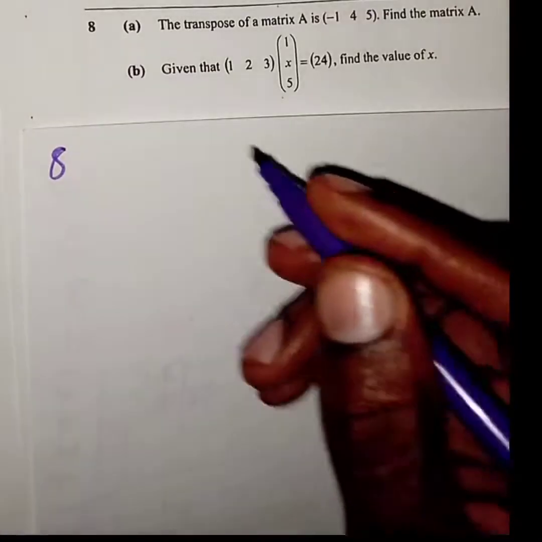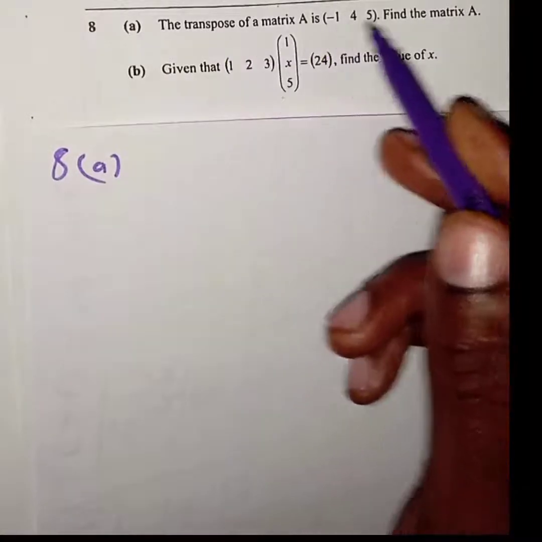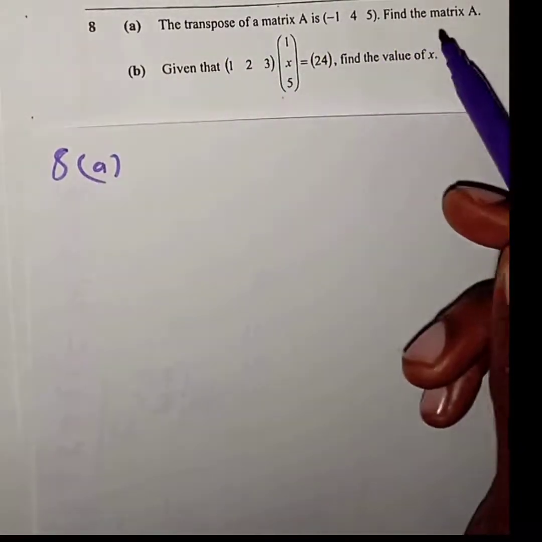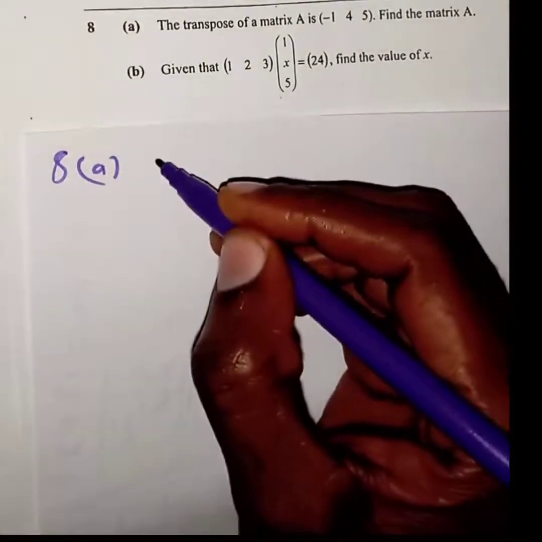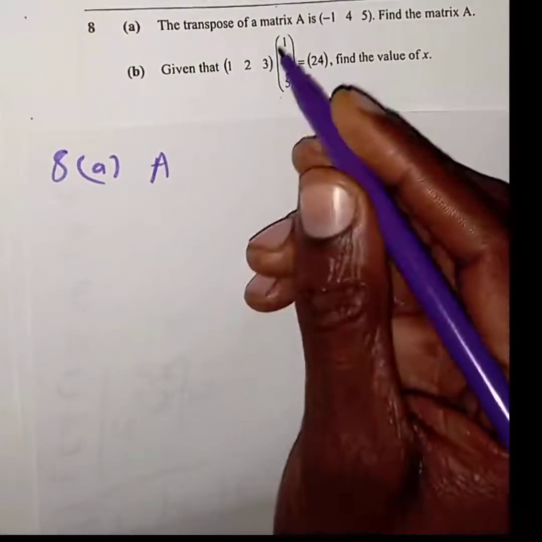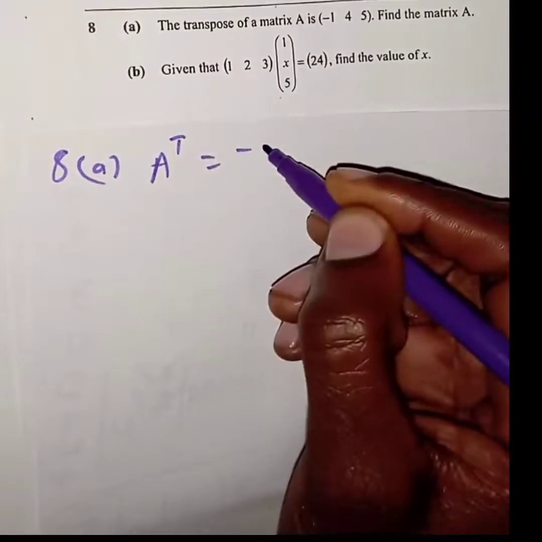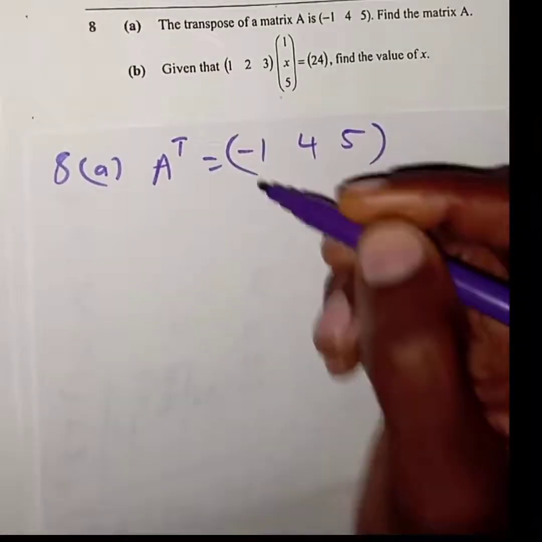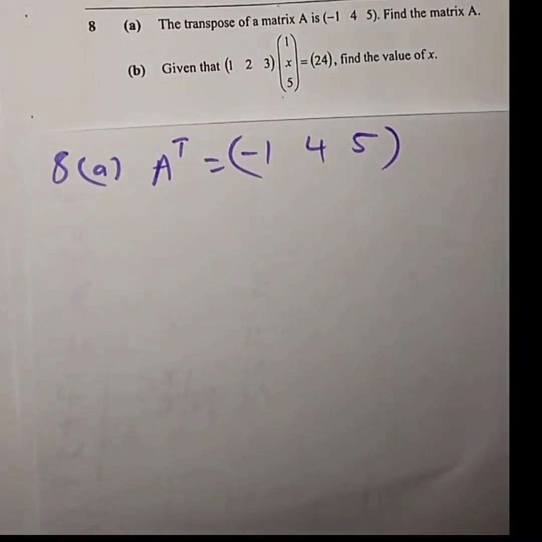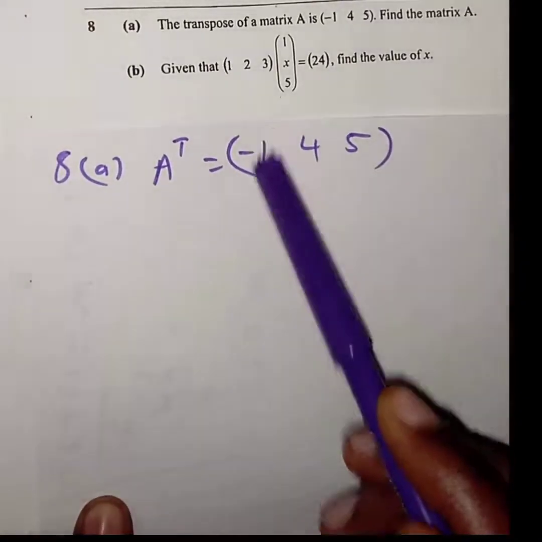Question 8a. The transpose of a matrix A is (-1, 4, 5). Find the matrix A. These are the entries. You are aware that we have one row here and several columns.